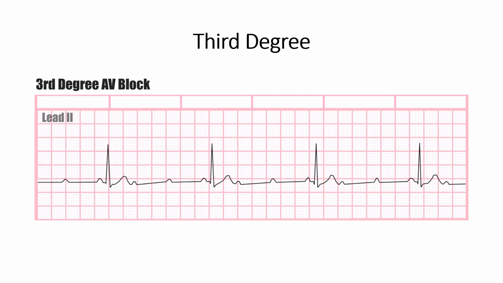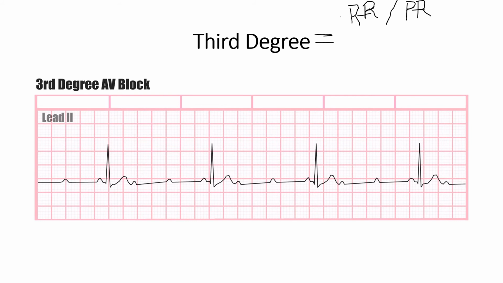Now, let's take a look at third degree. And again, we're only using our two features that we talked about before. We're looking for drops using the R to R, or we're looking for fit, no fit using the PR. So it's the R to R and the PR interval. Okay, that's your guide. All right, let's get into it.